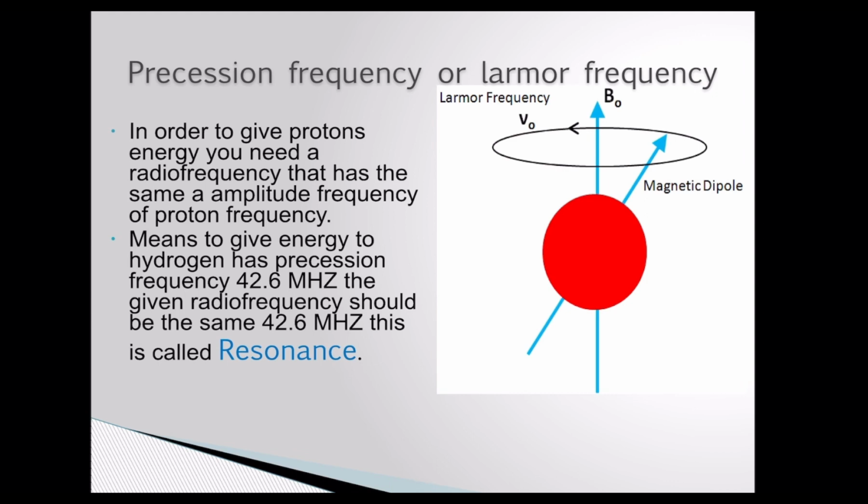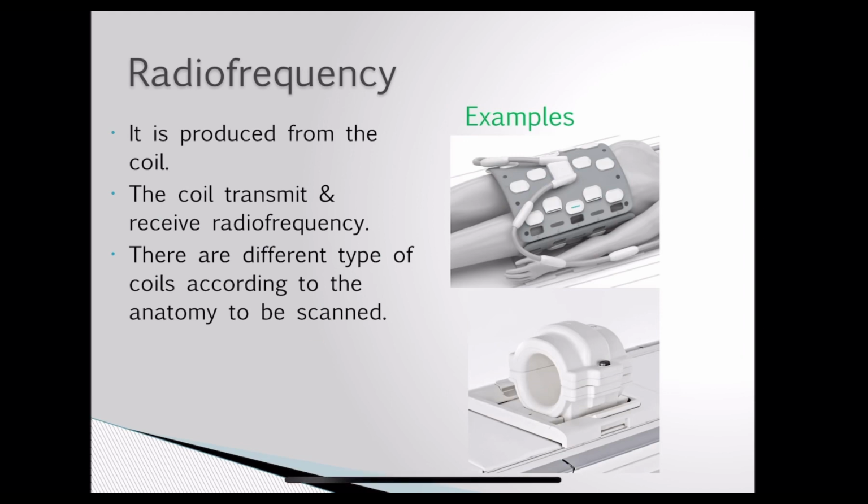In order to give protons energy, you need a radio frequency that has the same frequency as the proton frequency. This means that to give energy to hydrogen with a precession frequency of 42.6 megahertz, the given radio frequency should be the same 42.6 megahertz. This is called resonance. Radio frequency is produced by a coil.